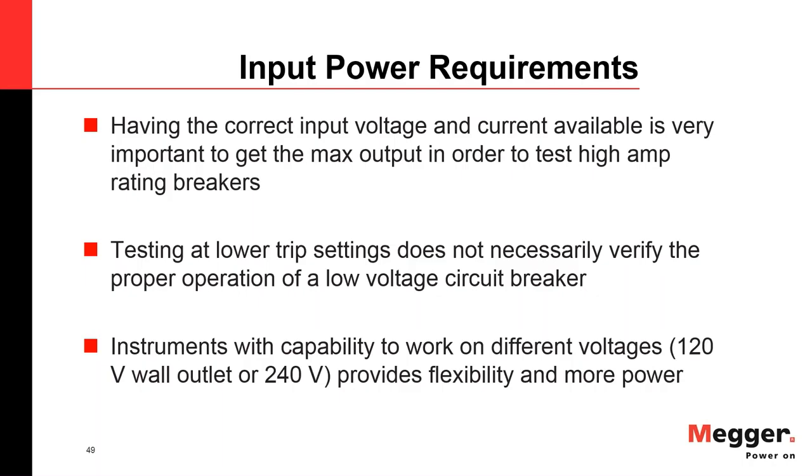Don't yell at the unit when it's not giving you the power and you're at the end of a 300-foot extension cord, because there are limitations to that. It's always better to go to a higher voltage if possible. So if the unit has a wide range input, and you have the 240 volts available, you will get more power out of the unit if you go to 240.